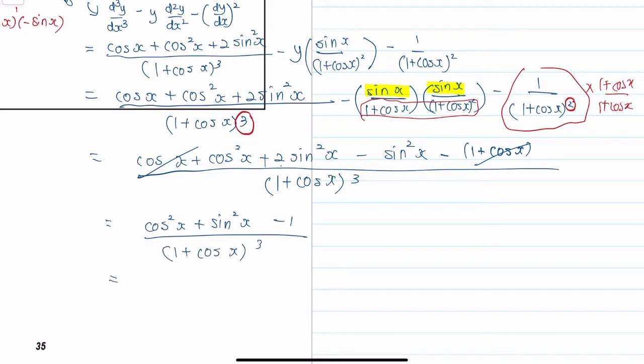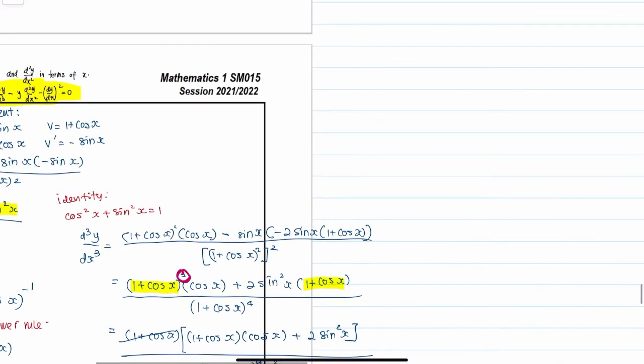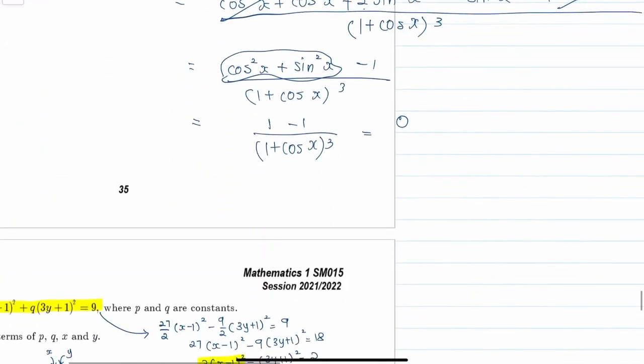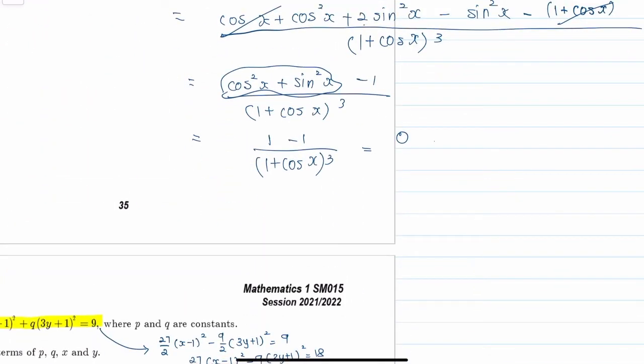So, cos X sin squared ini identity. So, 1 minus 1 over 1 plus cos X cube. So, dapat 0. Okay. So, kalau tengok pada soalan, kita kena buktikan dapat 0 kan. So, kita dah sub tadi semua dapat 0. So, shown as required. Dah siap for question 19.